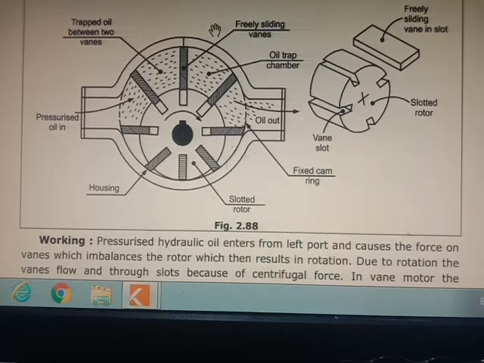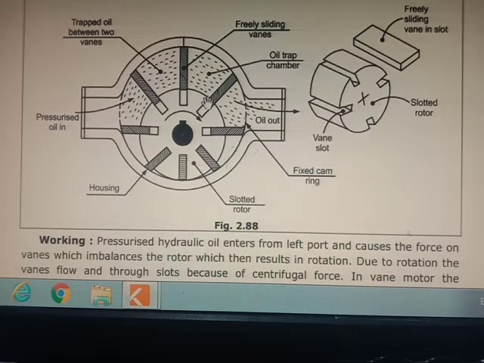So what is the construction here? There are two ports provided, the inlet port and the outlet port, on the outer casing. Then there is a central rotor.